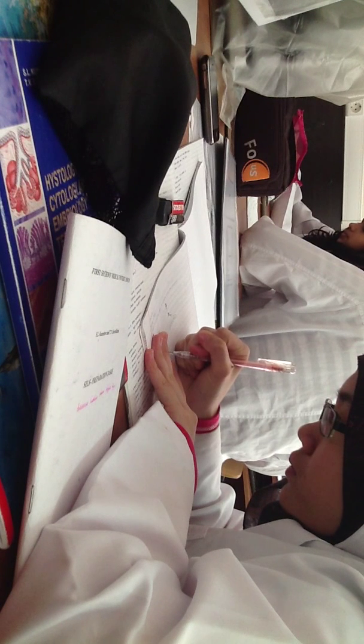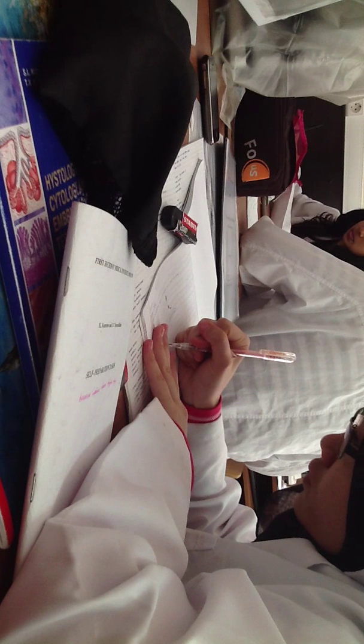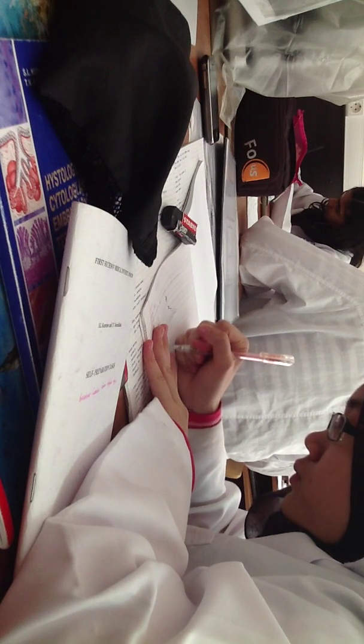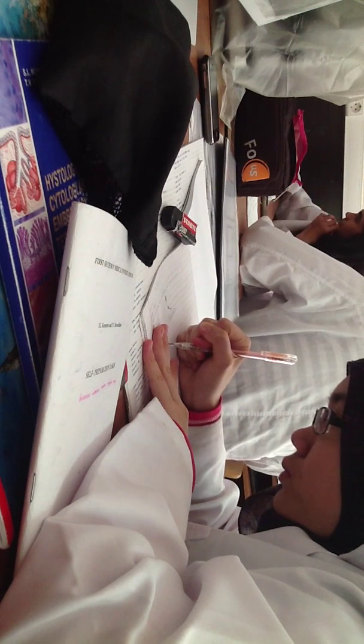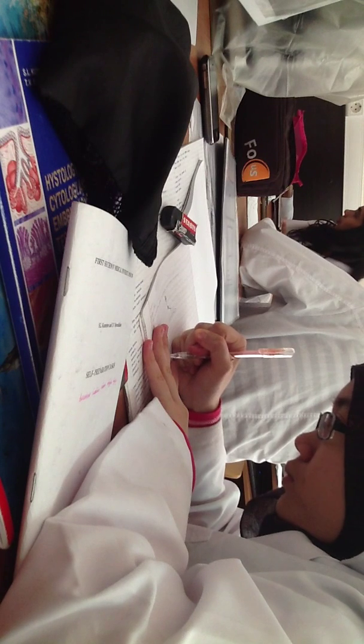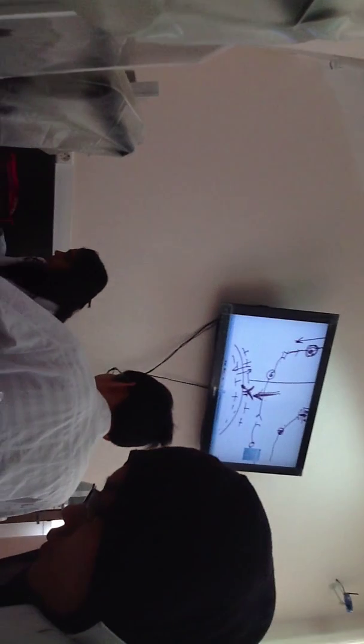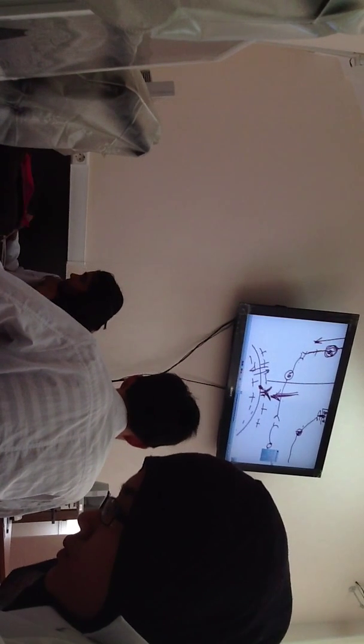Rhodopsin for rods, iodopsin for the cones. The membrane of these cells contains these protein molecules. And when light, photons, enter the eye, these photons influence the rhodopsin, for example, in the rods.